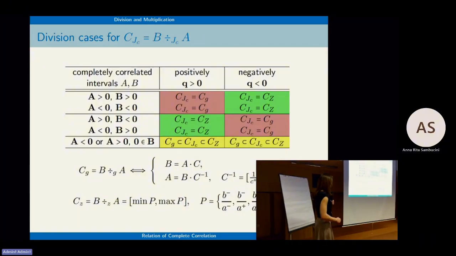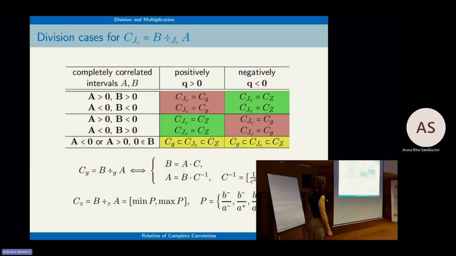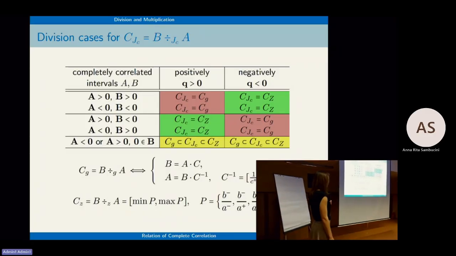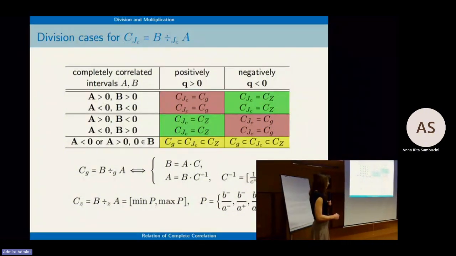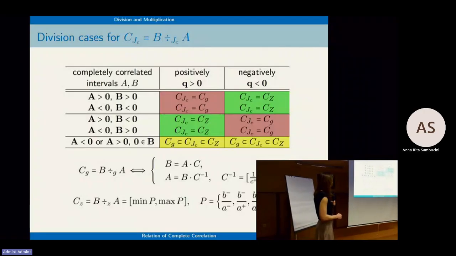And the second one is Zadeh-based division. And we could conclude that if we have two intervals which are completely correlated, and if they are both positive or both negative, and we assume the positive correlation between them, then the result is the same as the result of G division.